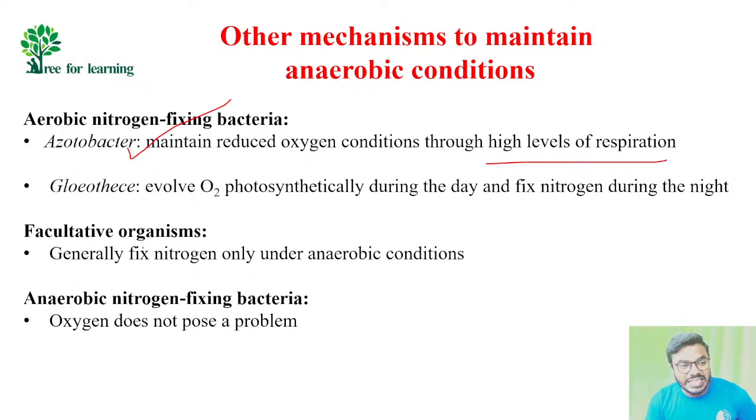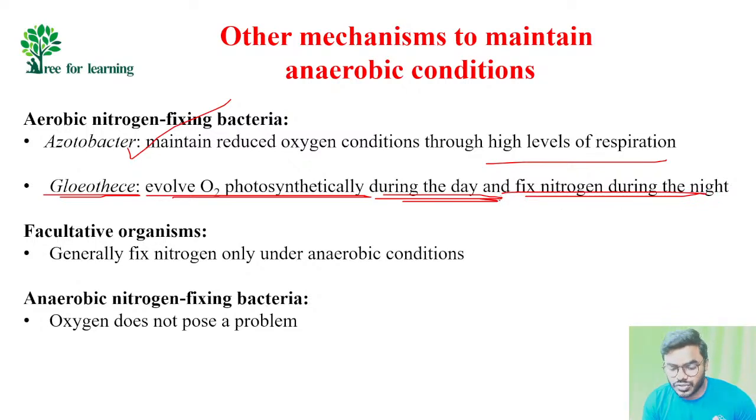What will be another example? Another example we can call the Gliotheciae. Friends, what's the speciality of this Gliotheciae? All the students understand. They are evolving the oxygen photosynthetically during the day, and friends, it is fixing the nitrogen during the night time.